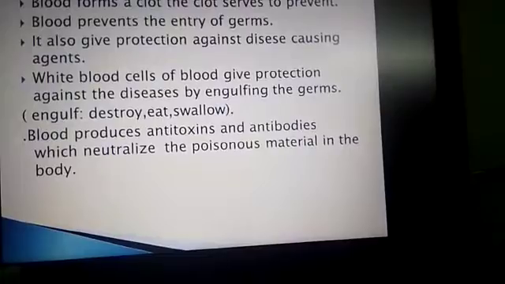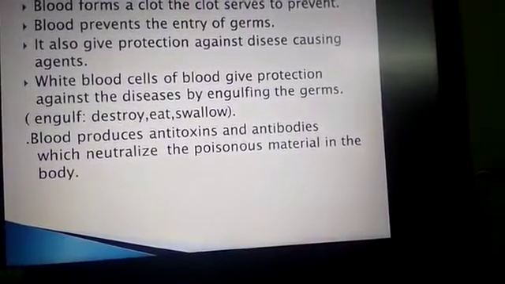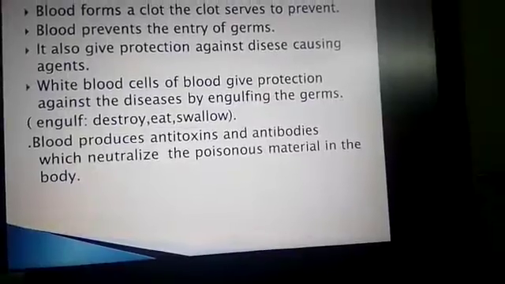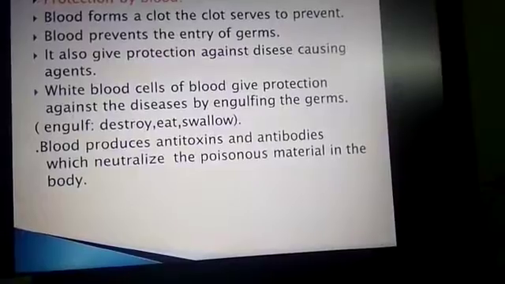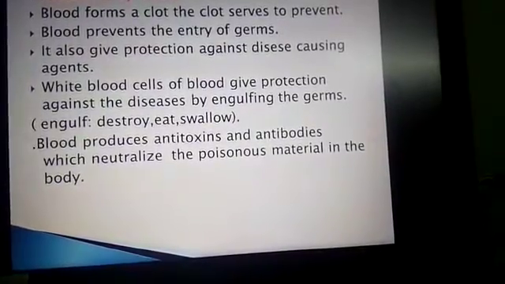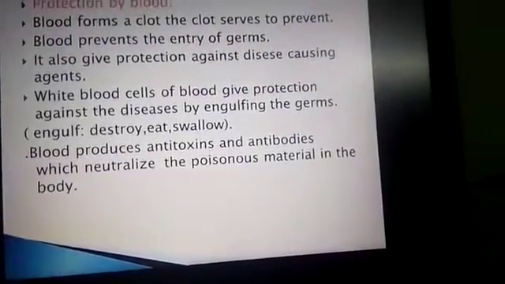White blood cells give protection by engulfing the germs, that is, swallowing the germs. Blood produces antitoxins and antibodies, which neutralize the poisonous material present in the body.